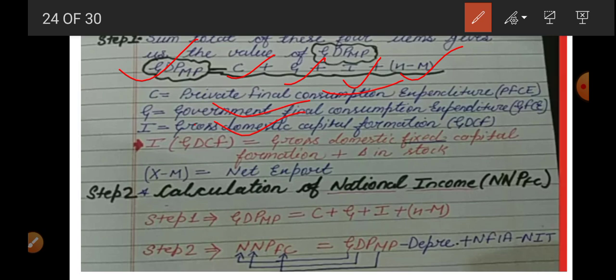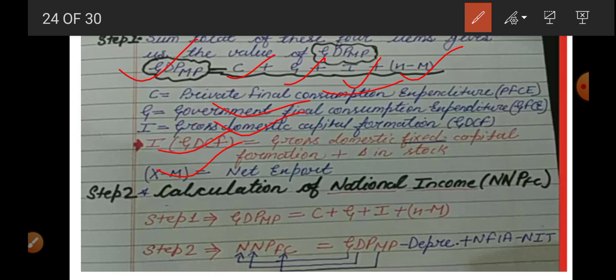I is gross domestic capital formation done by the producer sector. Okay, I is always the sum total of two: gross domestic fixed capital formation plus change in stock. X minus M means net export. When we add these four, we get GDP MP.